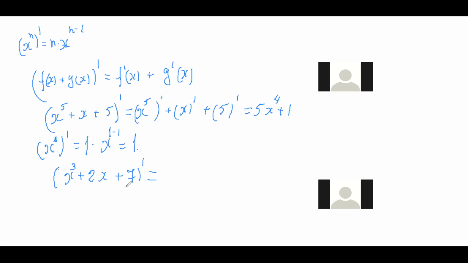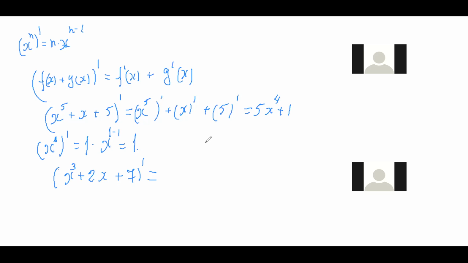We need to find the derivative of this sum, and we can write it as the derivative of x cubed plus the derivative of 2x and plus the derivative of 7.